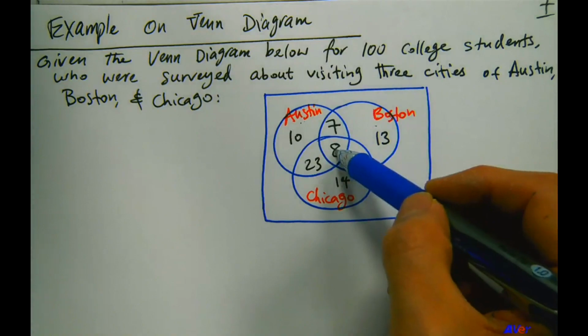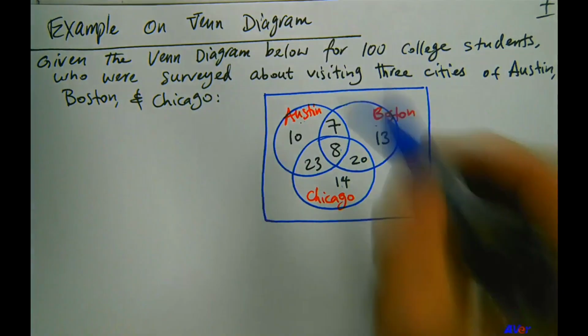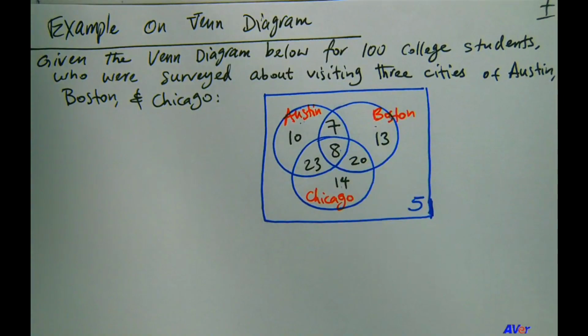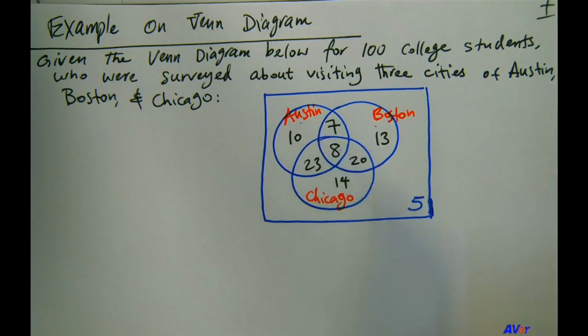You can say 15, because I didn't say but not Chicago. So you can say 7 and 8, 15 total. Okay? If I say how many people visited Austin and Chicago, right? What would you say? You would say, well, Austin and Chicago, 23 plus 8, 31.